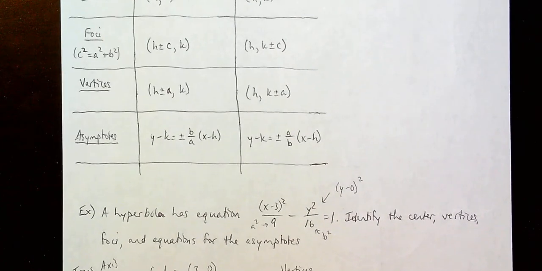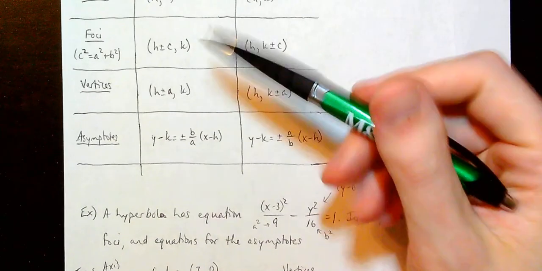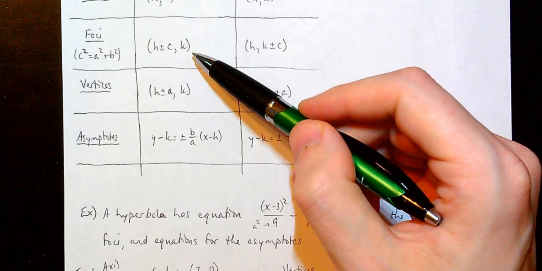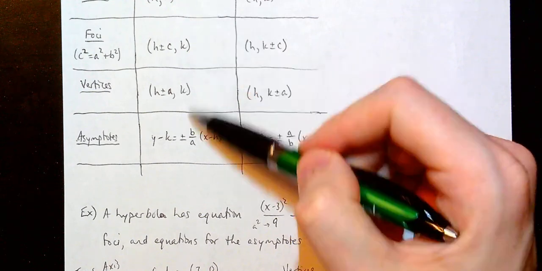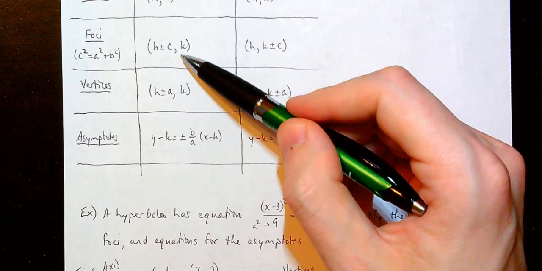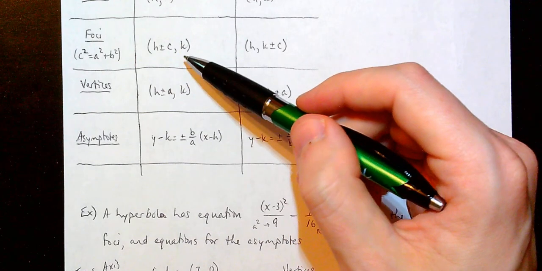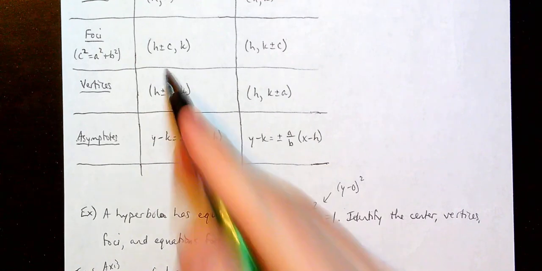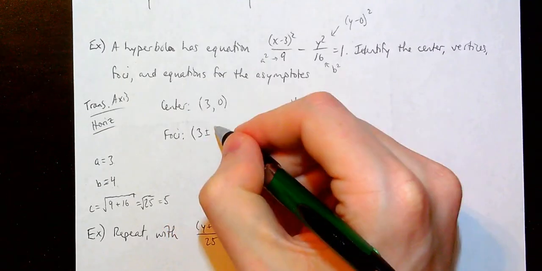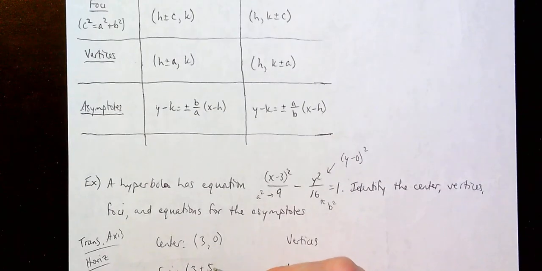So let's calculate the foci. This is a hyperbola, as we said, that has a horizontal transverse axis. So I've got to work with this formula right here and down this column here. The foci are going to have coordinates h plus or minus my c value, and we calculated our c value to be 5, comma k, my k value being 0.